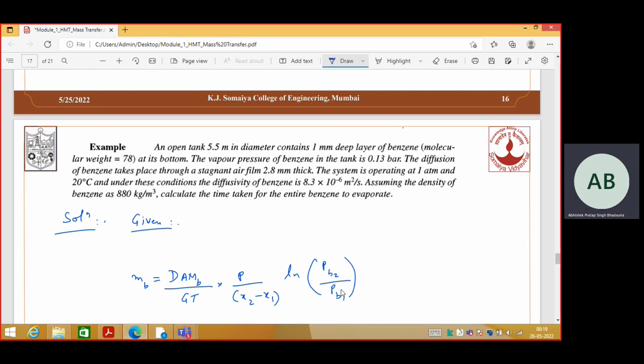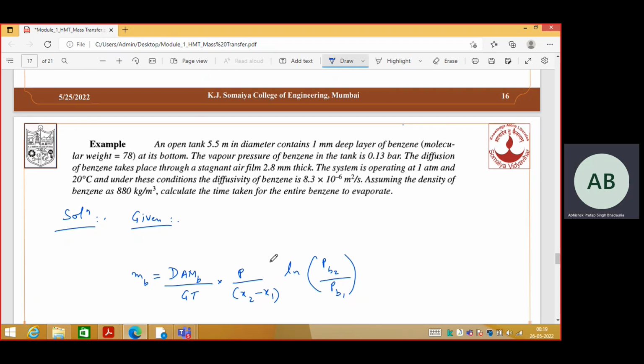This is the mathematical expression. All the values are known to us.